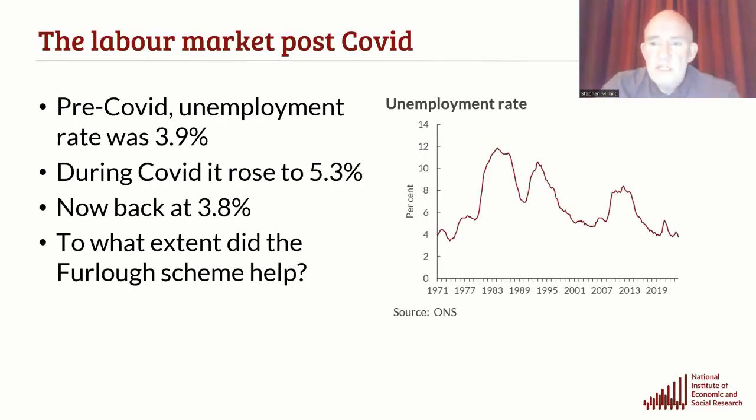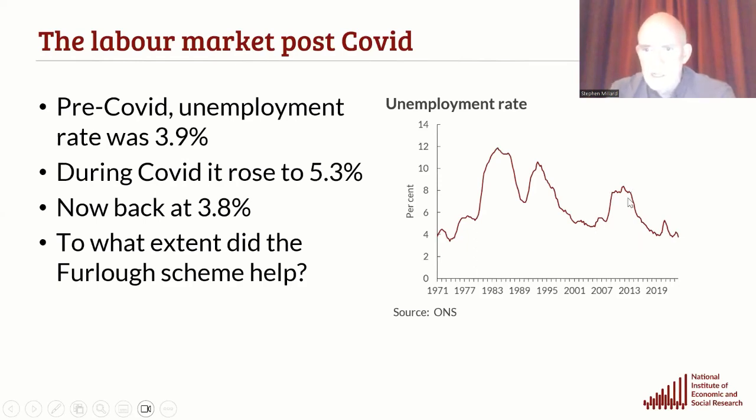So this is just the unemployment rate. Now, before COVID, the unemployment rate was 3.9%. It was down here. During COVID, it rose to 5.3%. It's now back at 3.8. Now you'll see that's actually a really small rise in unemployment, really small relative to some rises we've seen in the past.